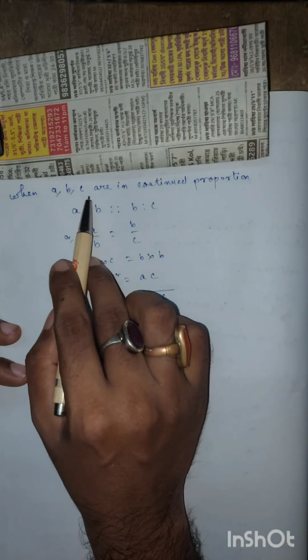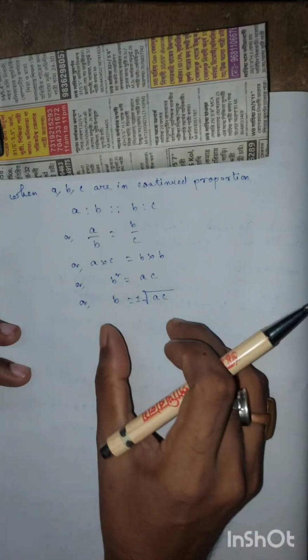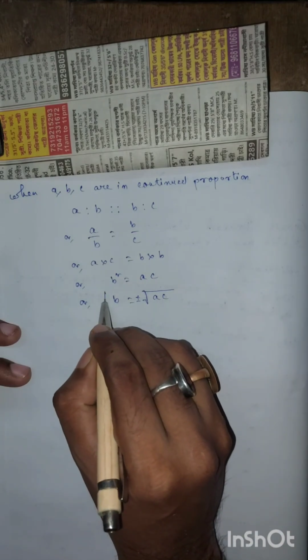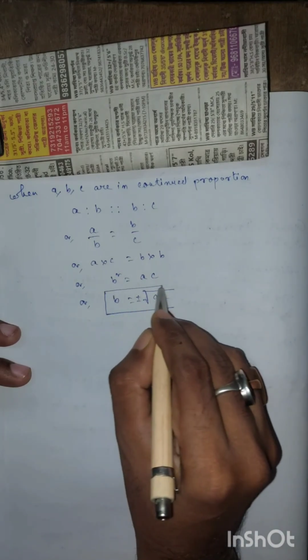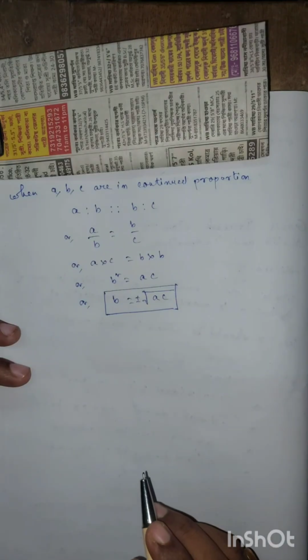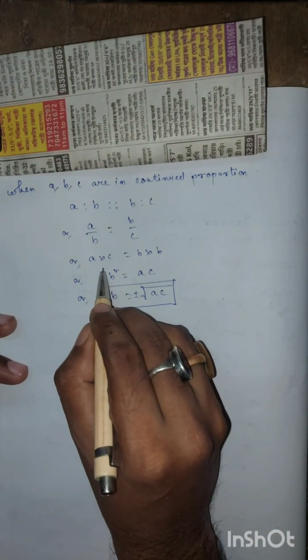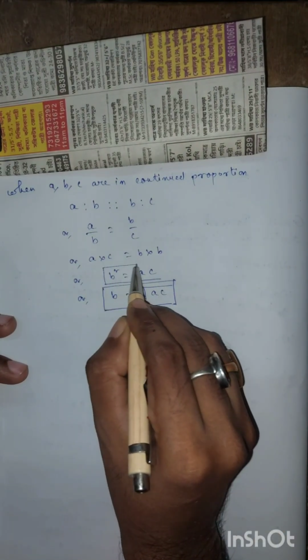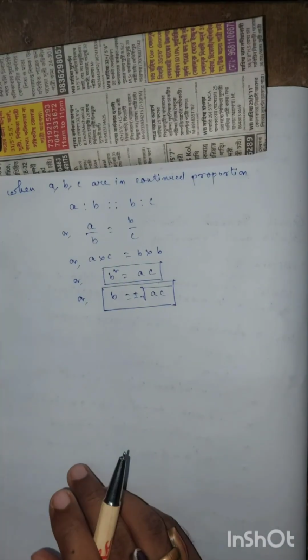So when A, B, C are in continued proportion, we can say that B is equal to plus minus root over AC, or B square equal to AC. We need to remember this result.